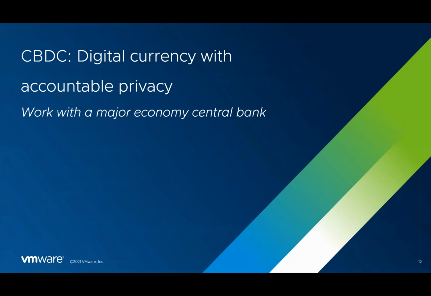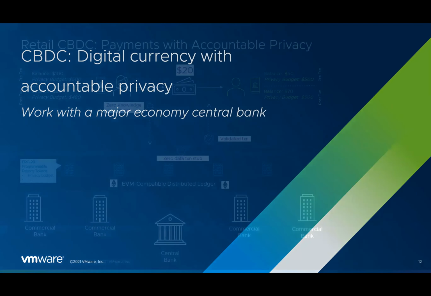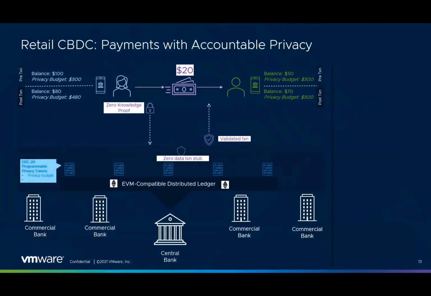Now let's take a look at the emerging use case, digital currency with accountable privacy, or work with a major economy central bank. As you can see, the heart of the solution is a distributed shared ledger, which is implemented by the EVM-compatible distributed ledger, VMware Blockchain.